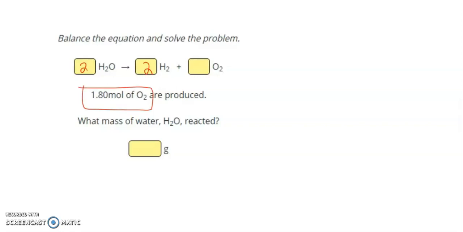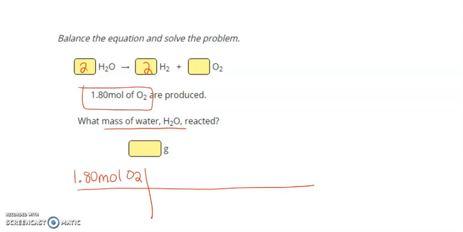My given is 1.8 moles O2. Unknown is mass of water. So I'm going to start with my given, 1.80 moles O2. I'm going to set up my conversion. I'm going to drag down moles of O2, but not the number, just the unit. I'm trying to get to grams of H2O, but I don't know how many grams H2O are in a mole of O2.